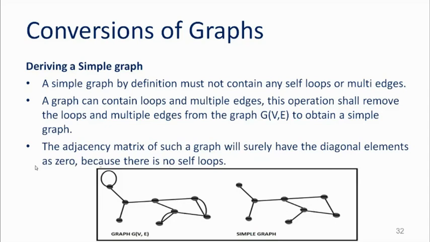The adjacency matrix of such a graph will surely have the diagonal elements as 0, because there are no self loops. So if you are given an adjacency matrix and there exist some diagonal elements as non-zero, then you can assume that there is a loop in the graph. So simply you make all the diagonal elements 0, then the loops will be removed, and it will become a simple graph.